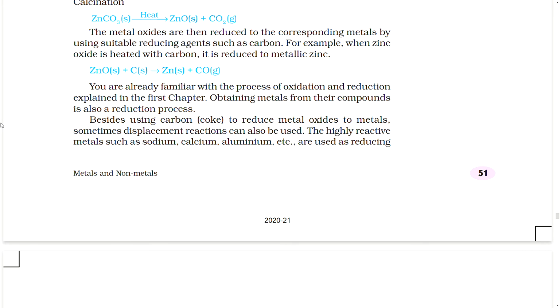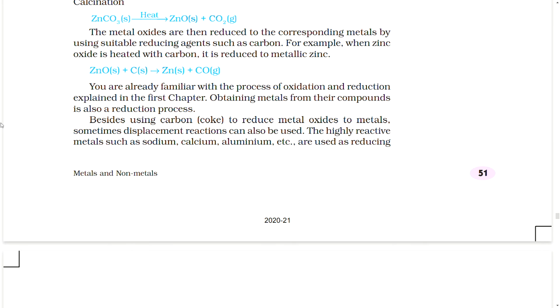You are already familiar with the process of oxidation and reduction explained in the first chapter. Obtaining metals from their compounds is also a reduction process. Besides using carbon coke to reduce metal oxides to metals, sometimes displacement reactions can also be used.